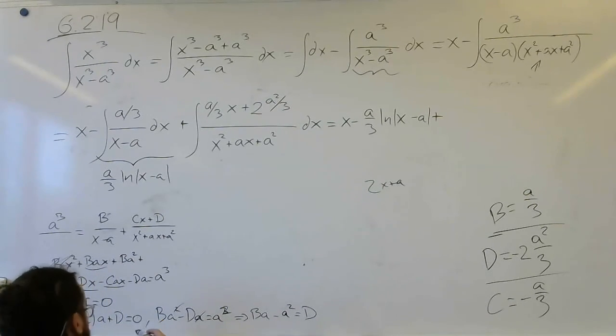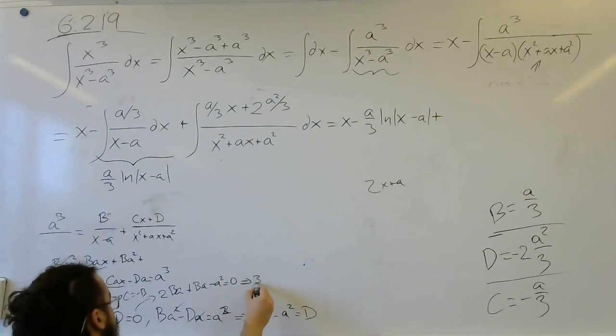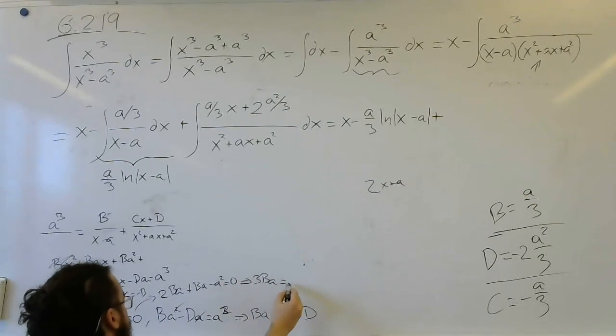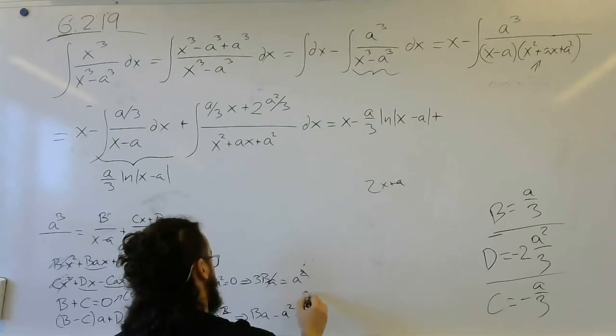If I move it here, I have this minus b. So I have 2ba plus ba minus x squared, 3ba is a squared.